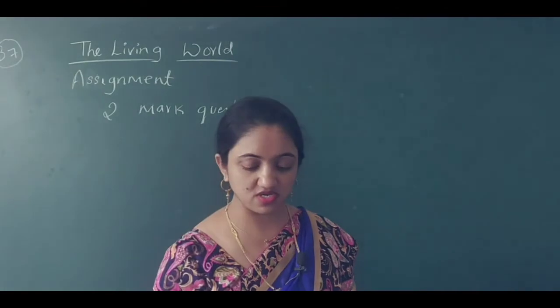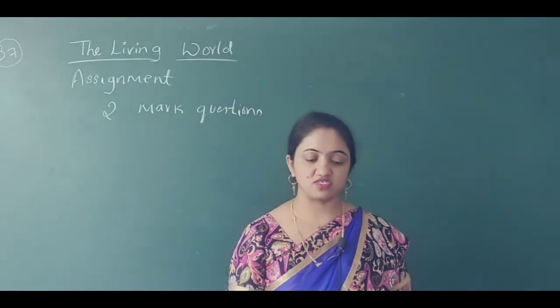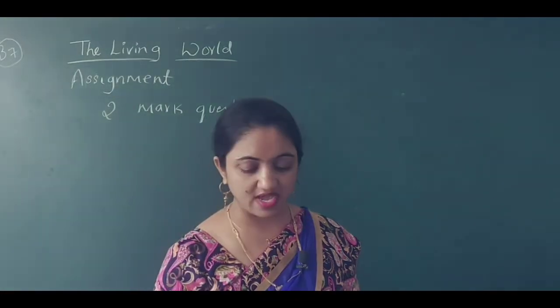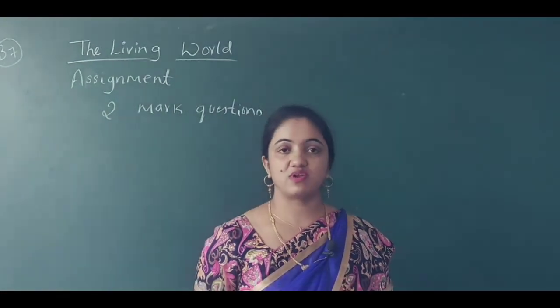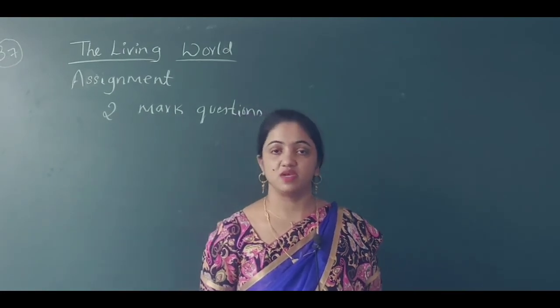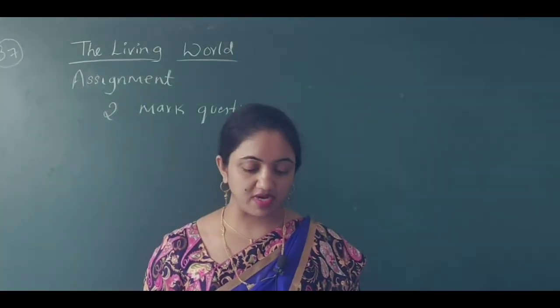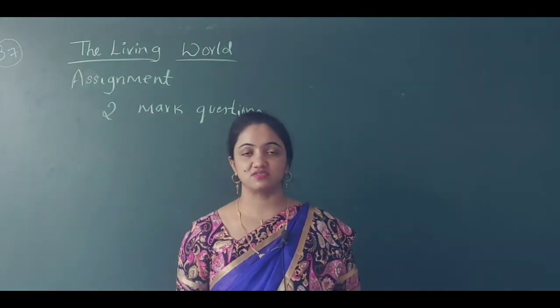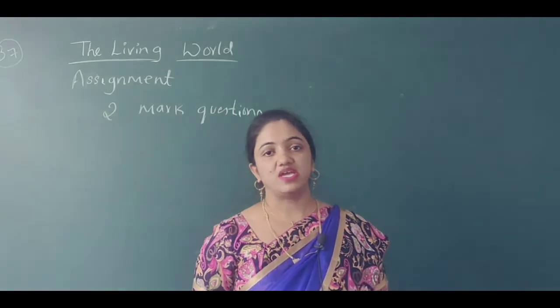The first question under 2 mark is, mention any 4 characters of living organisms. So you have to write 4 characters of living organisms like growth and metabolism, reproduction, cellular organization. These are the characters of living organisms.